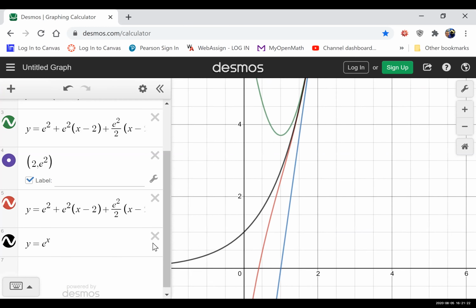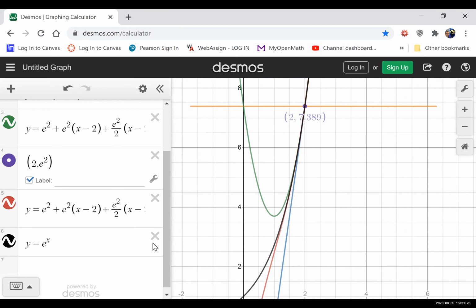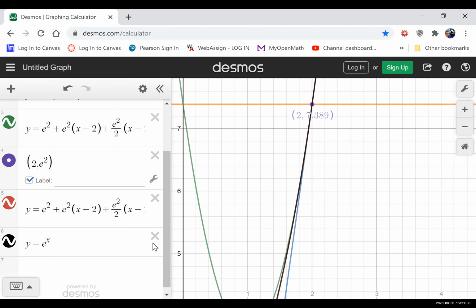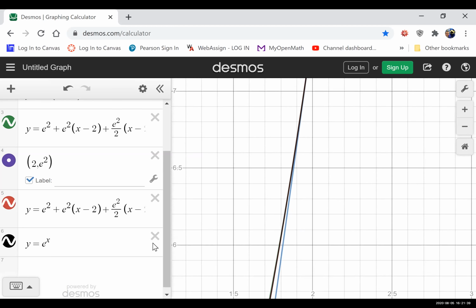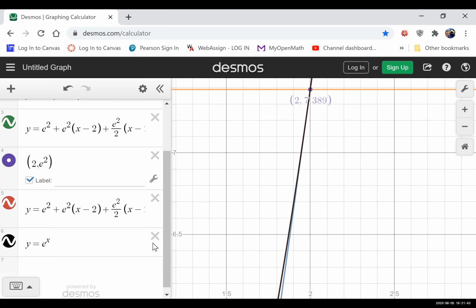The line was a little bit better of an approximation to that black function. If I zoom in here, we can see that the line x was a little bit better of an approximation.